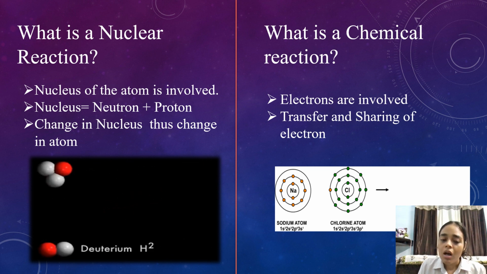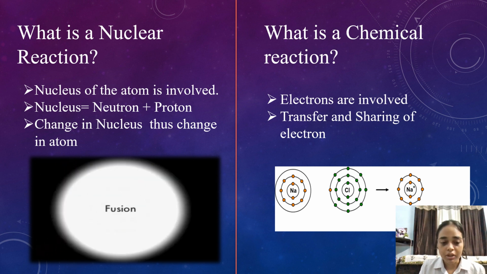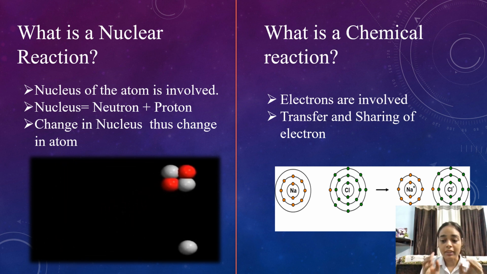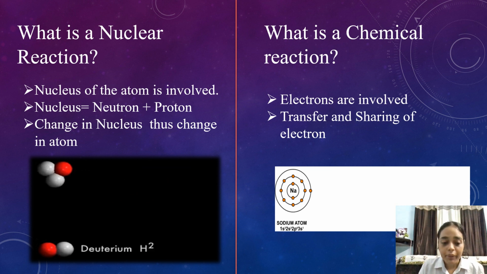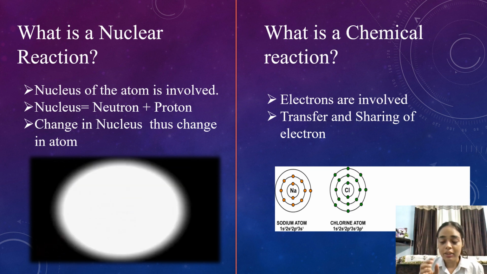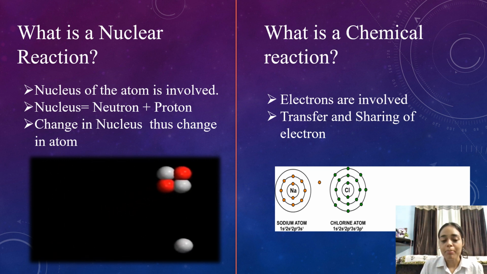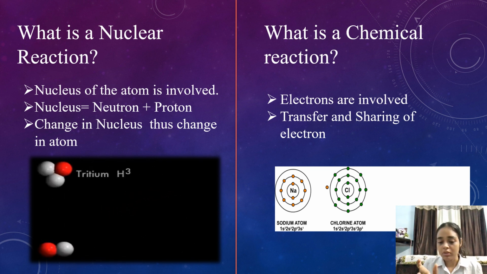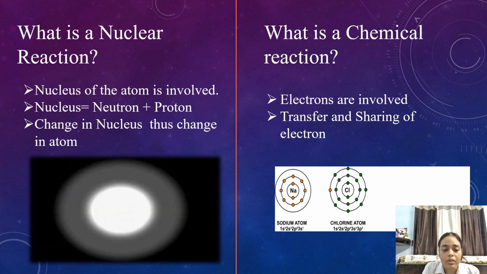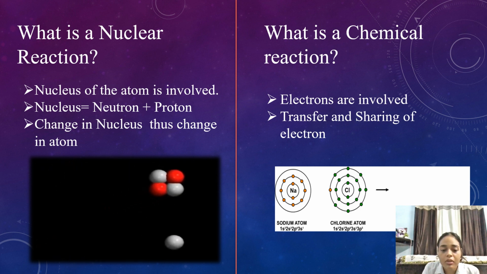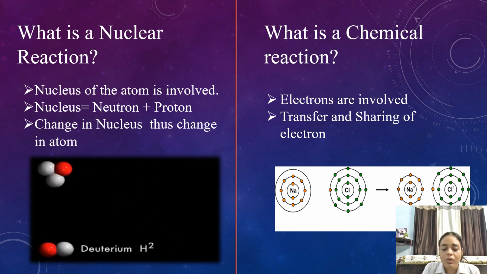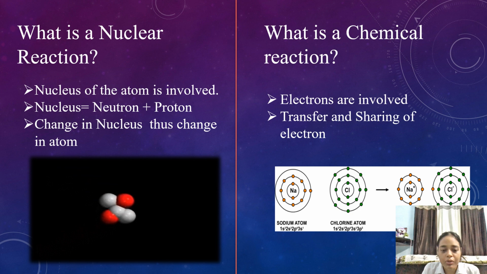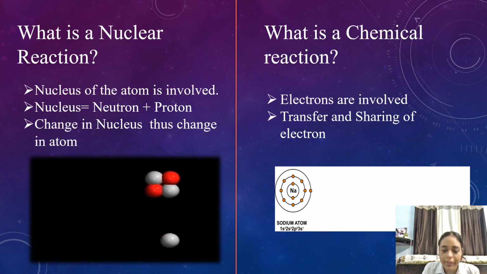Because the nucleus of the atom is involved, that leads to a fusion, a lot of energy is released, and that leads to the formation of helium plus some neutrons. Helium is produced, as you can see here. We'll be discussing nuclear fission in detail.